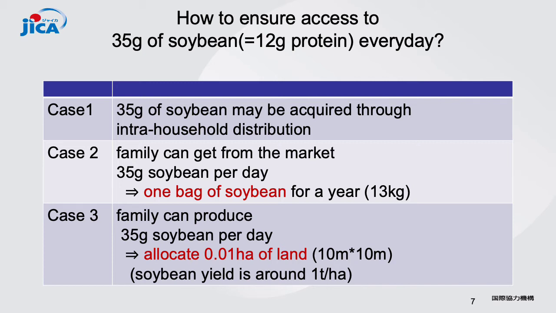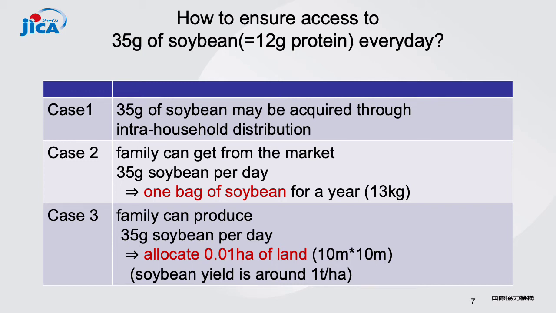So no need to buy or no need to purchase. That is scenario 1. And case 2, probably some family can purchase this soybean from the market, just buy.